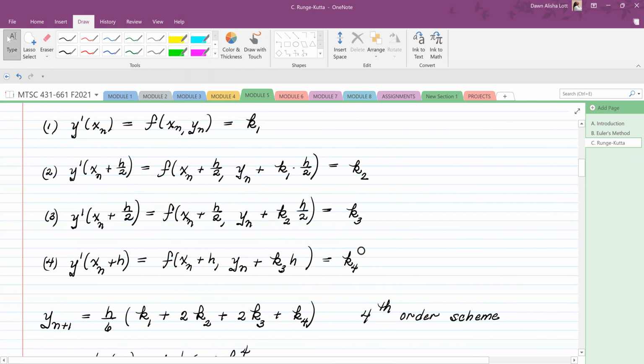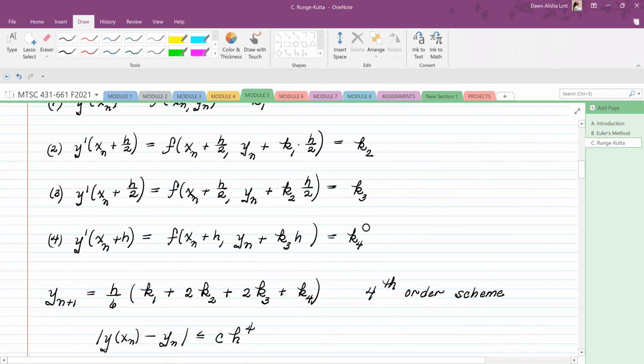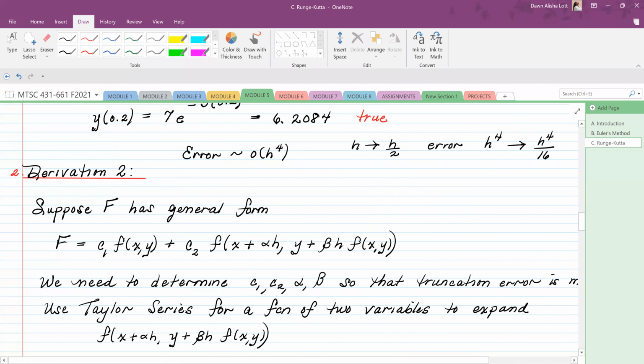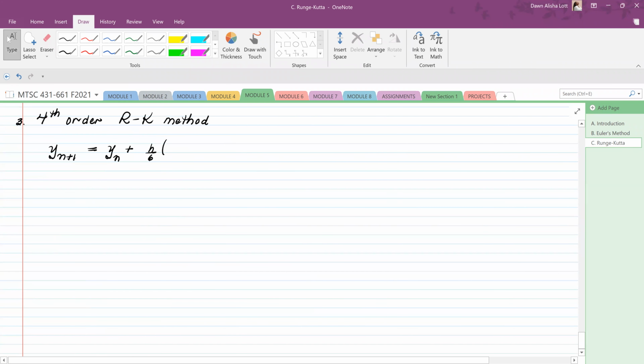Let me write it out because I wrote it in the middle of stuff and haven't clearly given it to you. K1 plus 2K2 plus 2K3 plus K4. There's no 2 on that, just a K4.